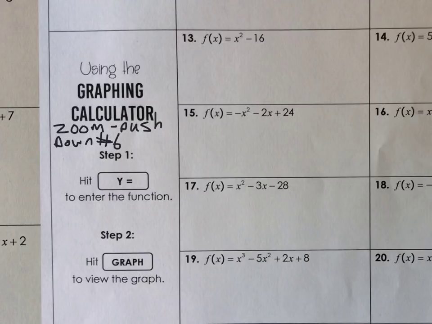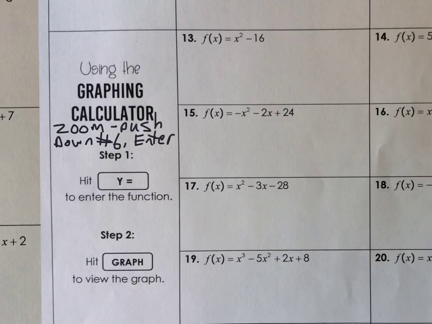When you see it say ZStandard, hit enter. That will set the calculator to a screen and zoom that will work for our stuff. The zoom button is in the top center of the calculator. You push that, it will give you a list of 1 through 7, you arrow down to number 6 and push enter, and that will make the graph work.